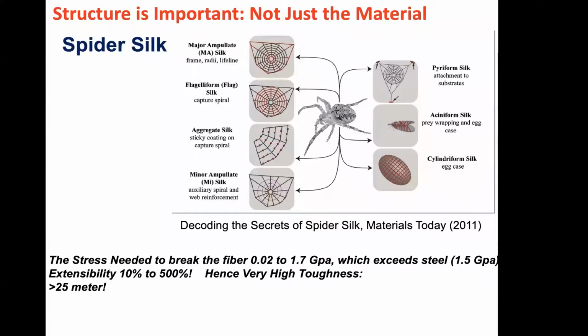Another very important material, not just material-wise but structure-wise also, is spider silk. I don't know how many of you know that it has very high strength, of the order of 1.7 gigapascal, which exceeds steel, one of the toughest materials.